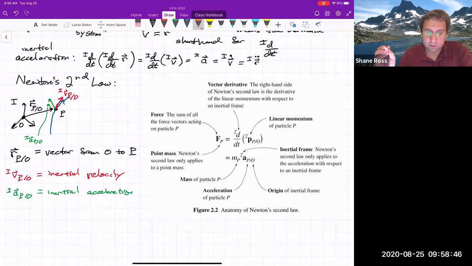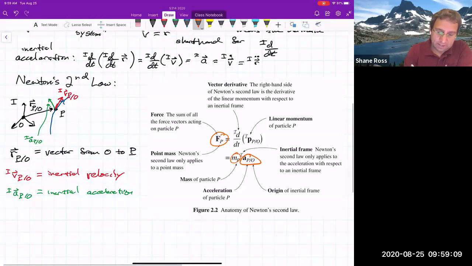I am running out of colors. All right. Now there's the idea of a force. Newton's law basically says that the force is proportional to the acceleration, or vice versa, the acceleration is proportional to the force, and the proportionality constant is the mass.